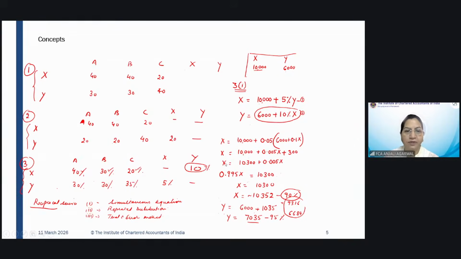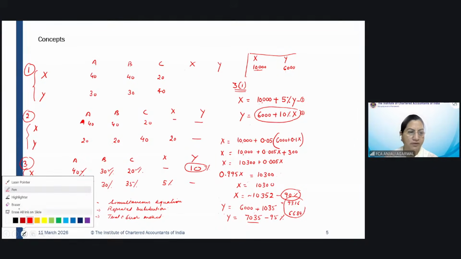What will you do in repeated distribution? I am erasing this. If you want to take a screenshot, you can take it here. So I'm coming on to the second method, repeated distribution.